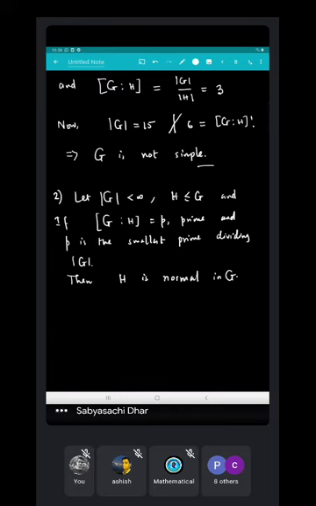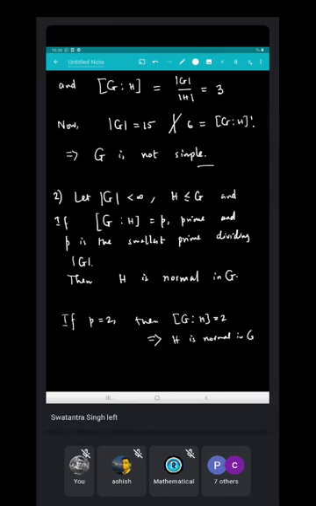If P equals 2, then the index of H in G is 2. Then we all know that H is normal in G, and 2 is the smallest prime dividing the order of G, right? So it is the generalization of that.